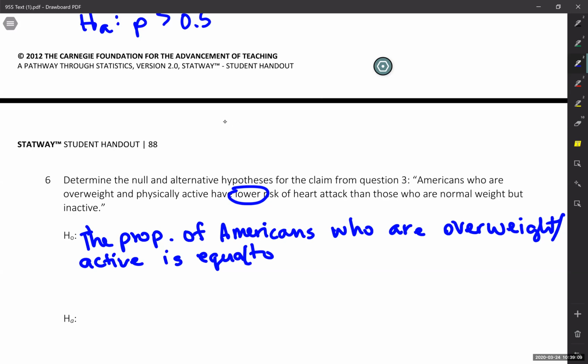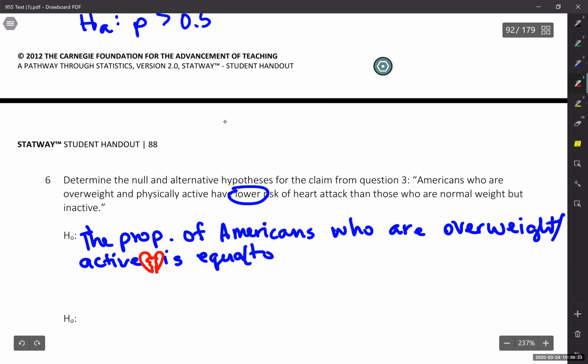Is equal to, I guess I forgot to mention the risk of the heart attack, but the proportion of Americans who are, this is hard to word because I'm used to doing this in symbols. The proportion of Americans who are overweight and physically active and have heart attacks is, so I'll just draw a broken heart because it's a heart attack.